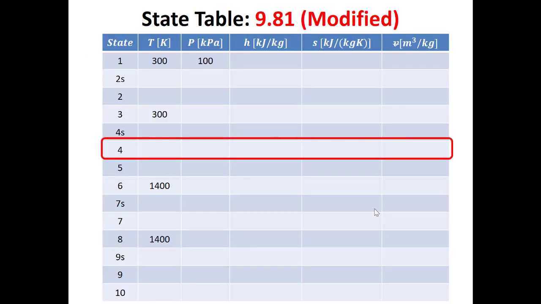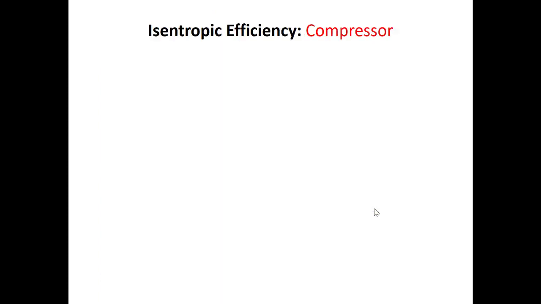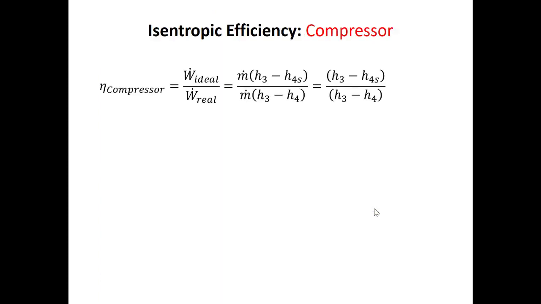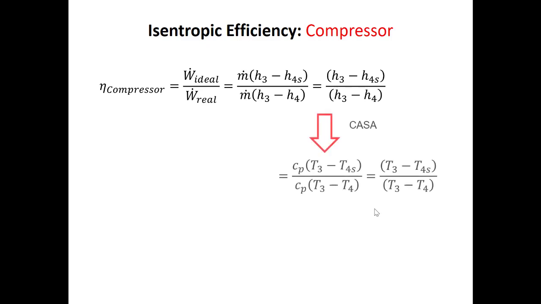So now, again, I'm going to use the isentropic efficiency to find the real outlet of the compressor. Here again, I use my compressor efficiency. If I'm using a variable specific heat analysis, then I use this with the specific enthalpies. But if not, I use the ratio of the temperature differences across the ideal compressor and the real compressor.